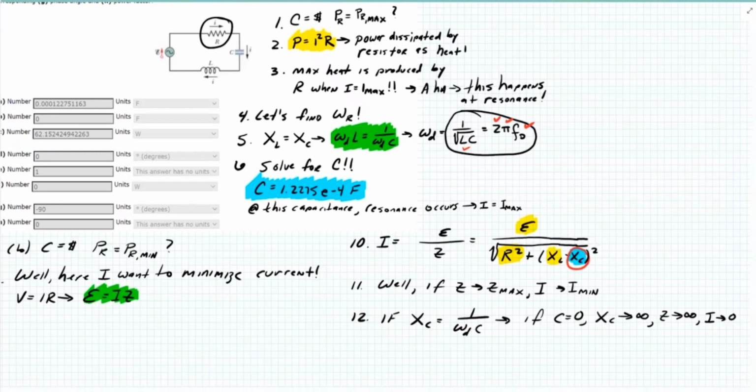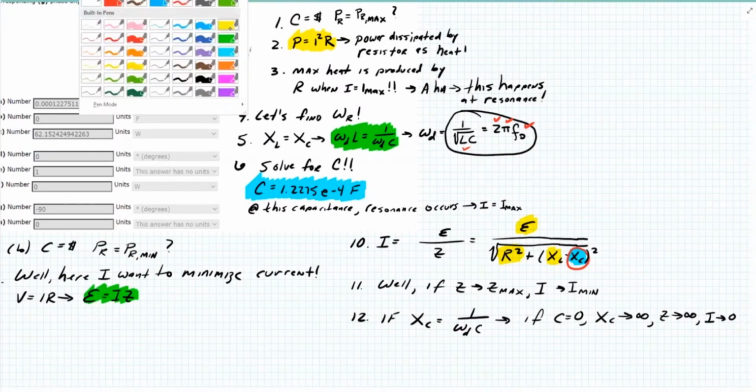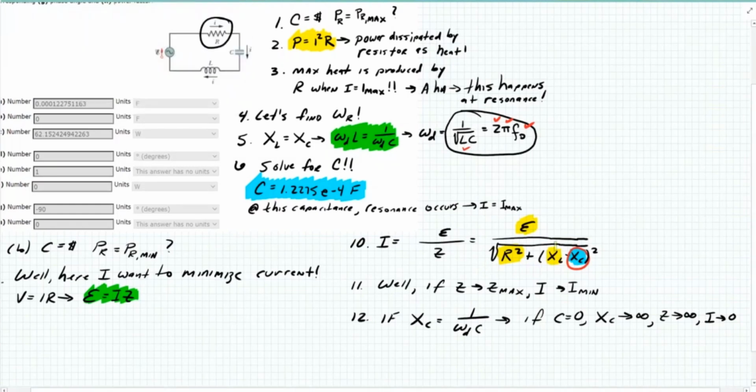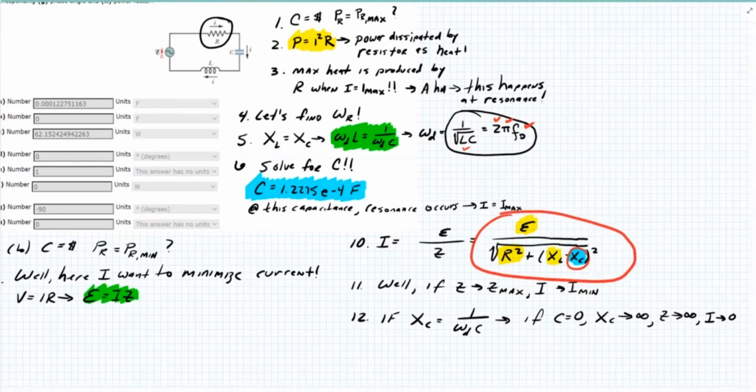So let me just trace through that again. If everyone is good with Ohm's law here, that's AC Ohm's law, I can't modify the EMF or the resistor or the inductor, but I can mess with the capacitor.